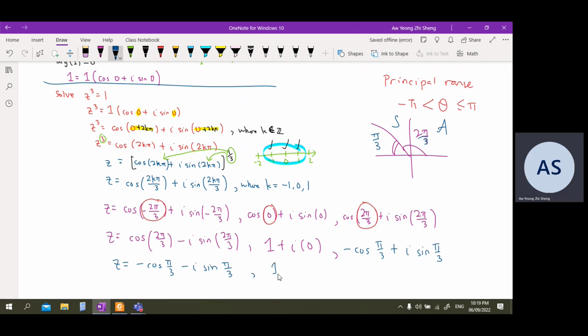The second solution is simply 1. The third solution is minus 1/2 plus root 3 over 2 i.